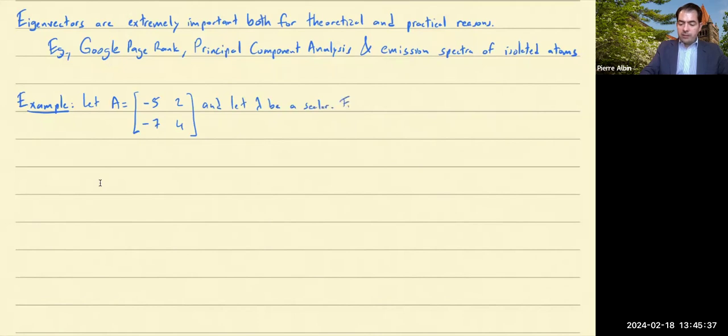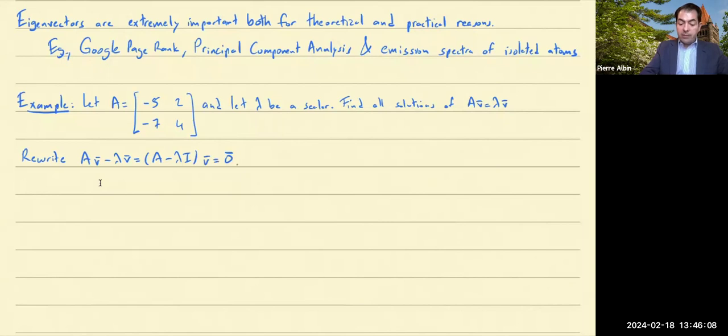Suppose we want to find all solutions of A times V equals lambda times V. So we can rewrite this equation as AV minus lambda V, equals A minus lambda times the identity, times V, equals the vector 0, right?